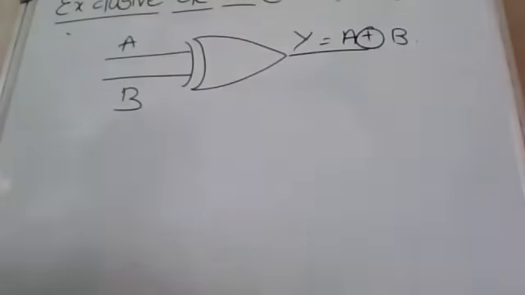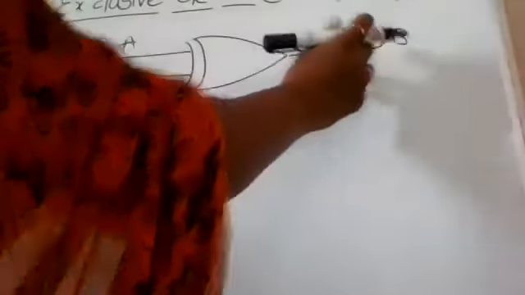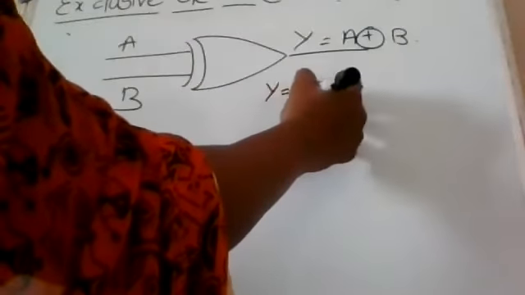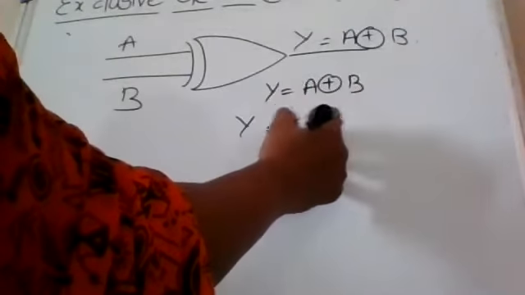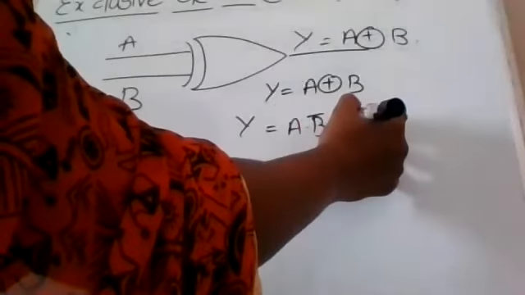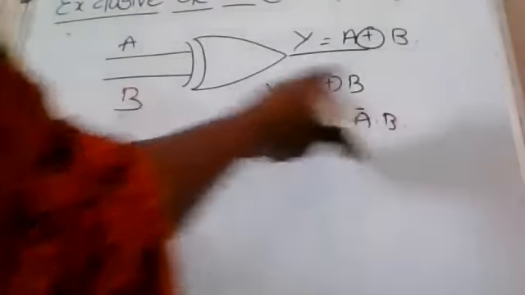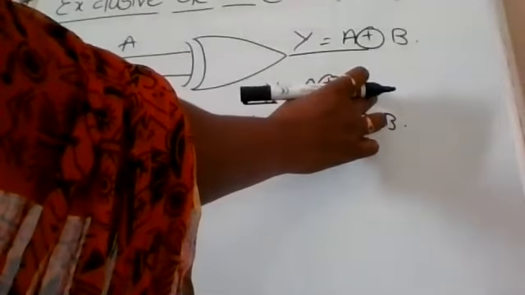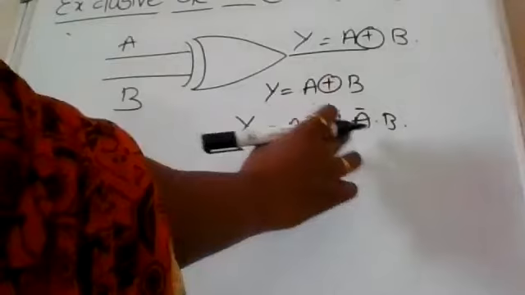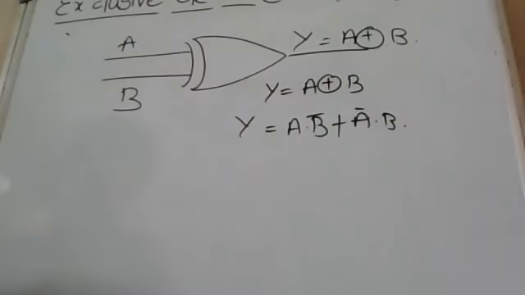A, B inputs, output Y equal to A exclusive operation B. This operation we can also write Y equal to A dot B complement plus A complement dot B. This is the output of exclusive OR gate.